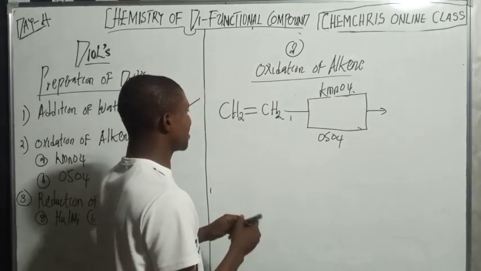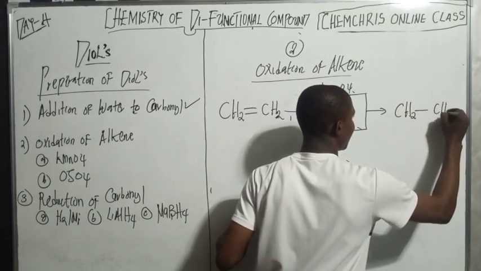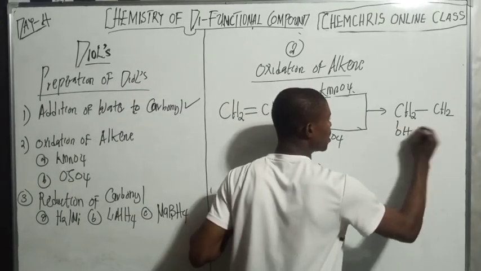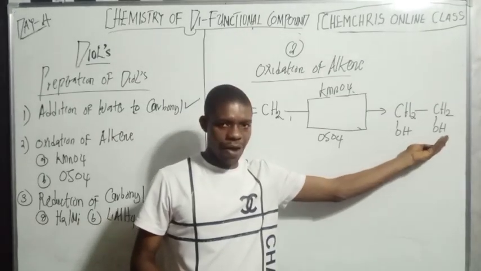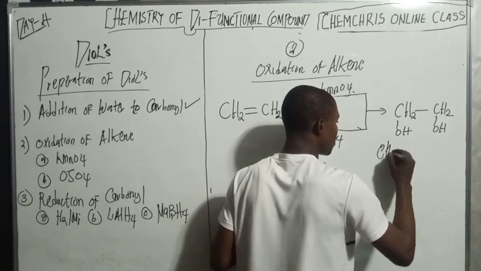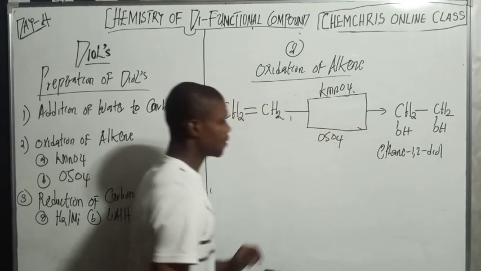So you have CH2 and now OH, here we have OH. This is called a vicinal diol. So it's going to be ethane 1,2 diol. That is it.